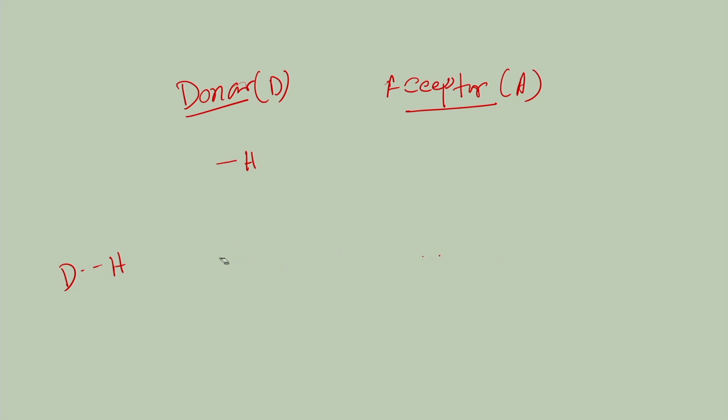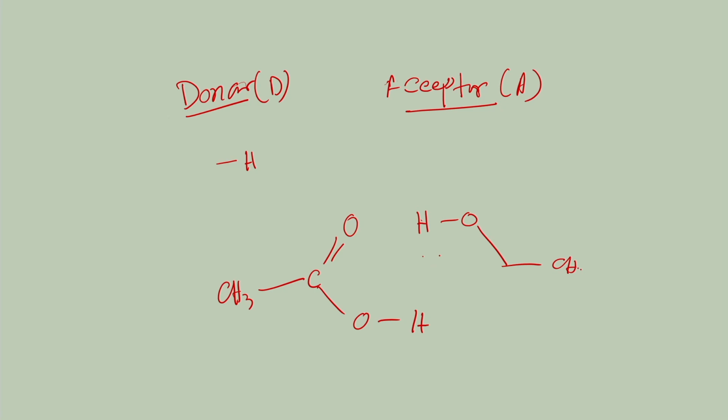I will give you one example: acetic acid. This is where the hydrogen bonding will take place, because this oxygen has lone pairs of electrons which can accept the proton.